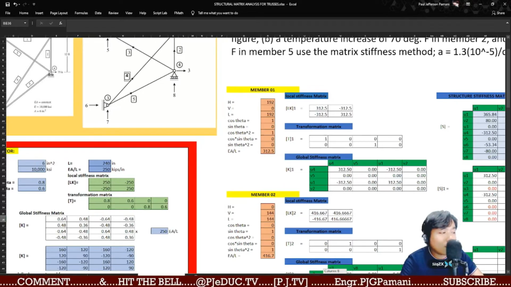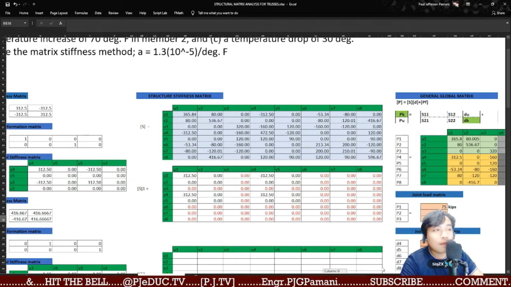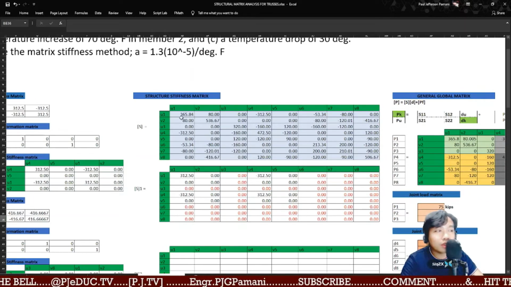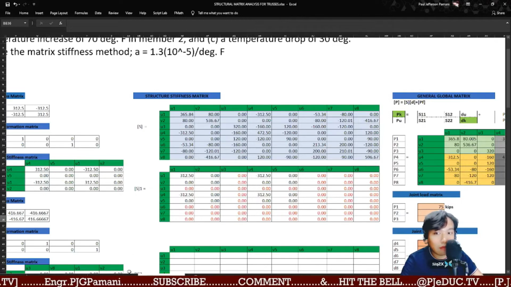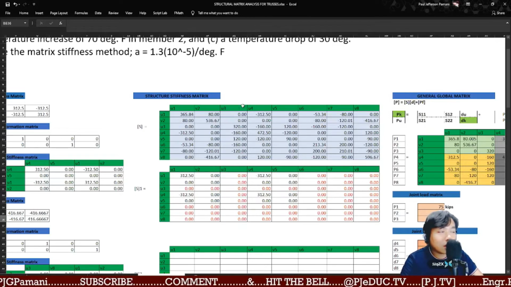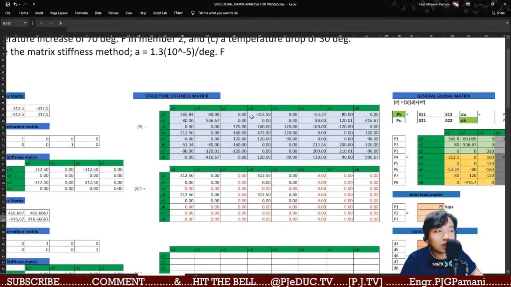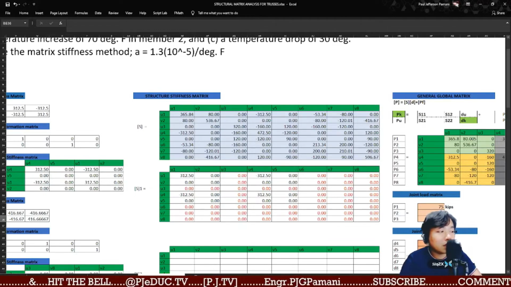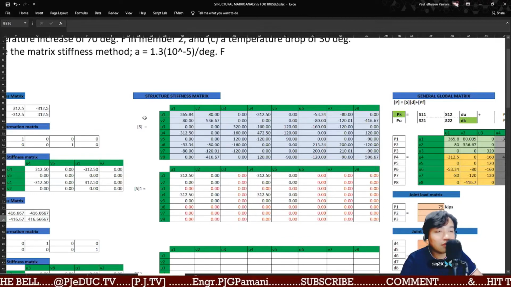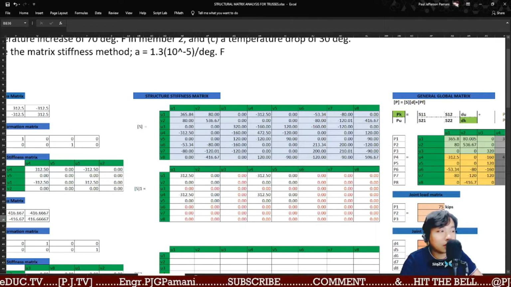And of course, the summary of the structure stiffness matrix for member 1 up until member 5. So this is our general structure matrix, the global stiffness matrix for member 1 up until member 5.